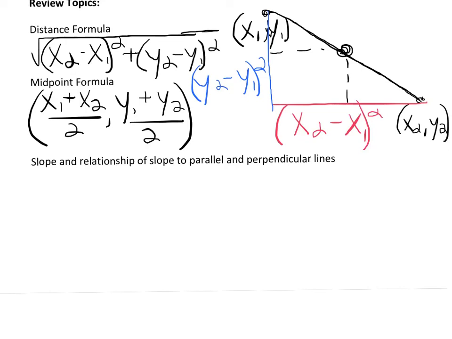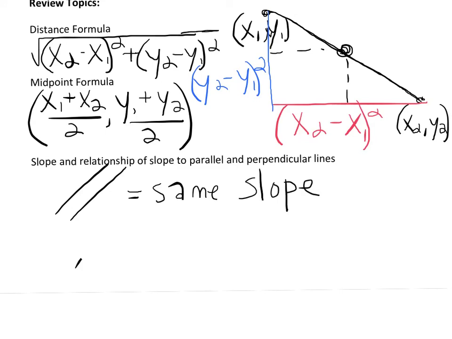And the slope. In a relationship of slope to parallel and perpendicular lines, if two lines are parallel, we know that they must have the same slope. So the slope for both of those lines is 2, or -2, or 1, or whatever, they both have the same slope. And if lines are perpendicular, then they have opposite reciprocal slopes.